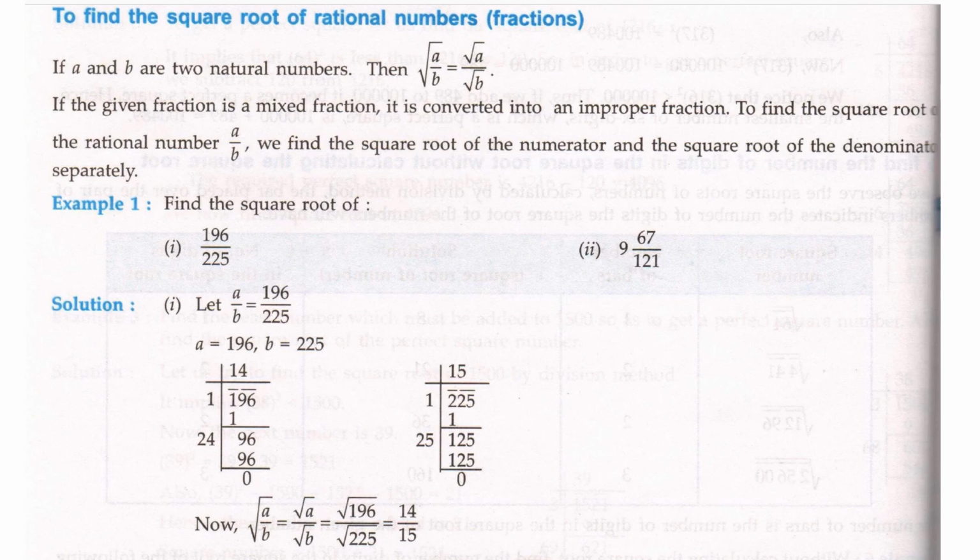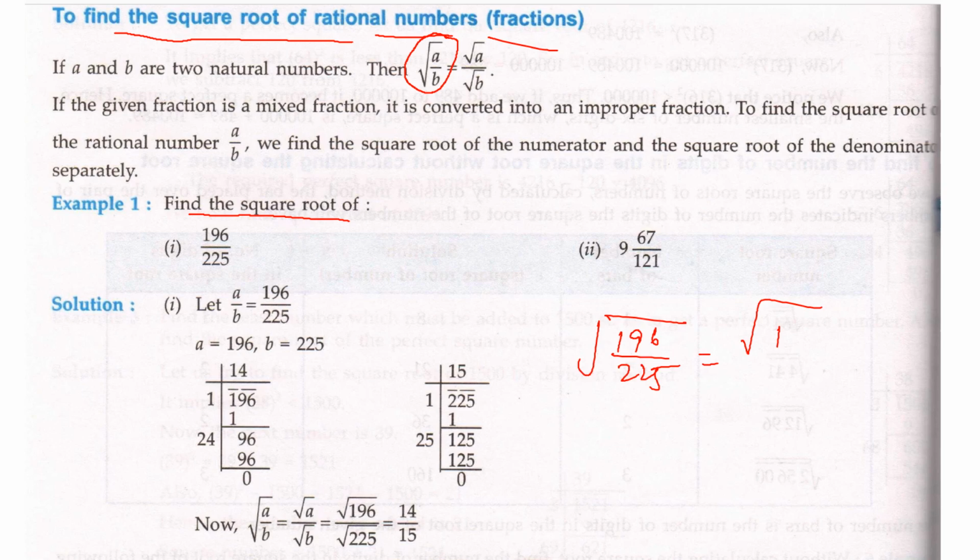Now today we will see one more new topic: how to find the square root of rational numbers or fractions. See, this is very simple. You will get two numbers, one above the other in the form of a fraction, in the square root, and you have to solve them and find the answer. See the example: find the square root of 196 by 225.